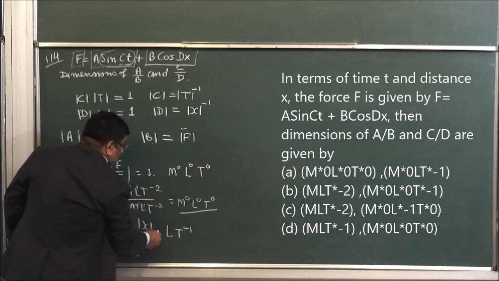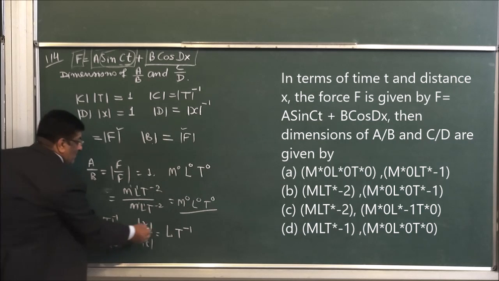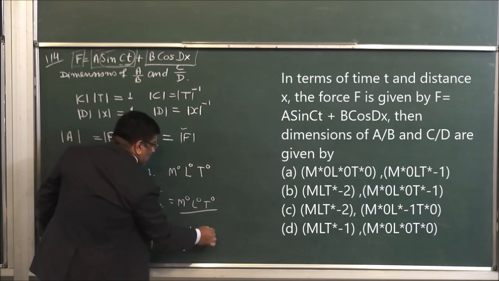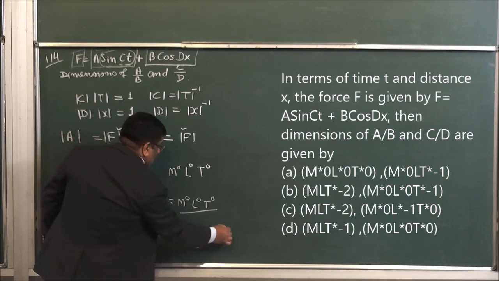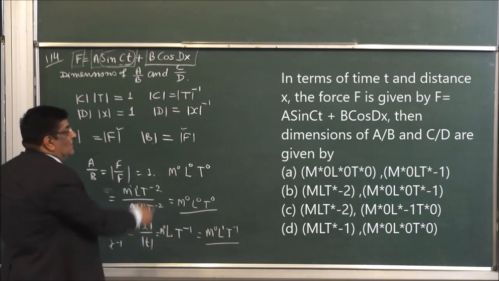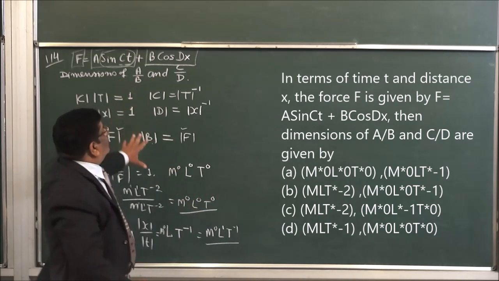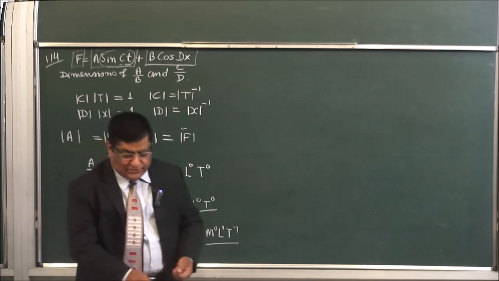Denominator comes here. What about M? There is no M, so we can write M0 L1 T minus 1, and now we see this combination. This is available as option number A. So this is how we can do it, and let's go to the next question.